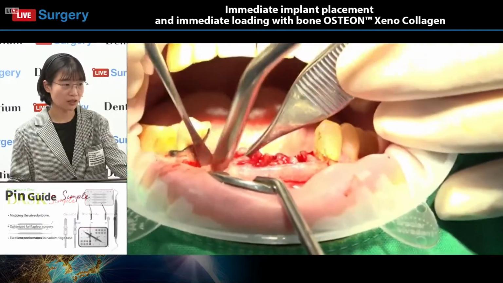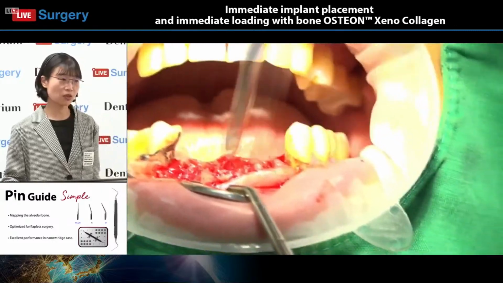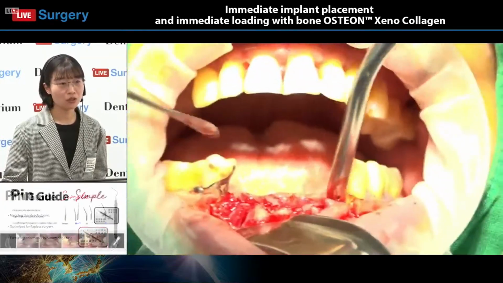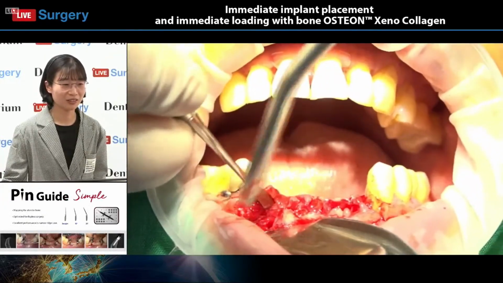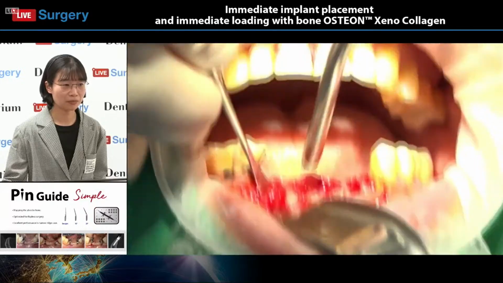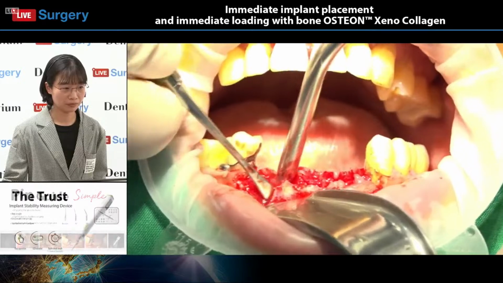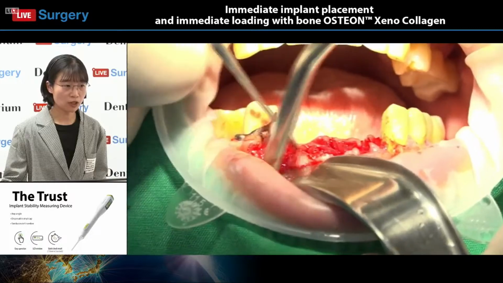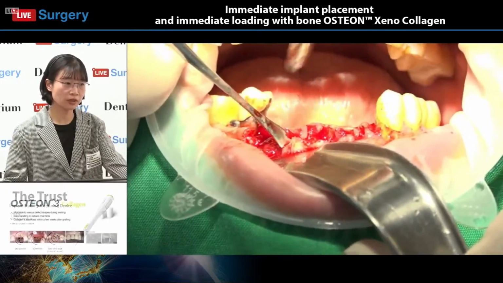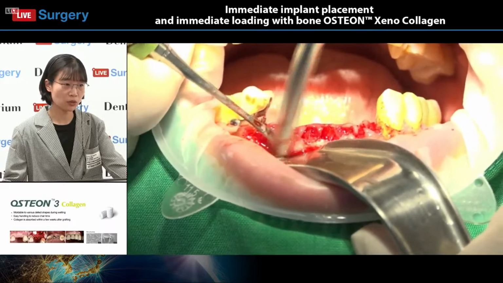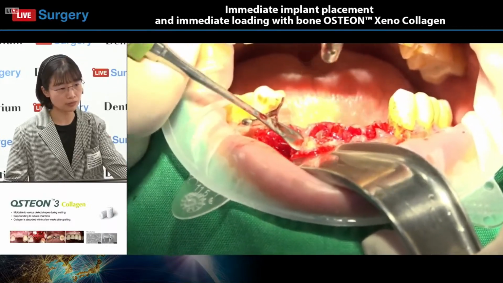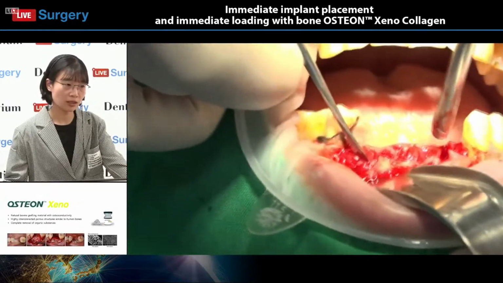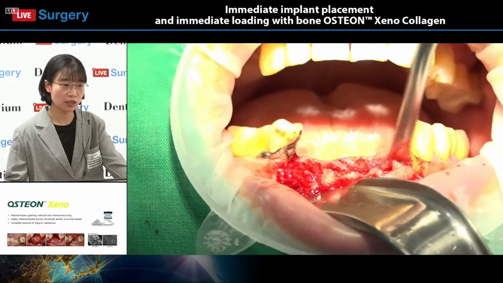And also we can see the secondary caries on the medial side of tooth number 44. So I think he will do a new crown on that tooth. So the granulation tissue is very tough, so he is trying to remove that in the inner side of the extraction socket.